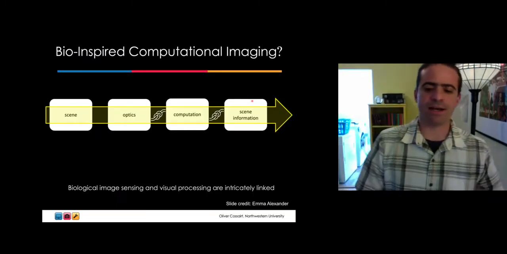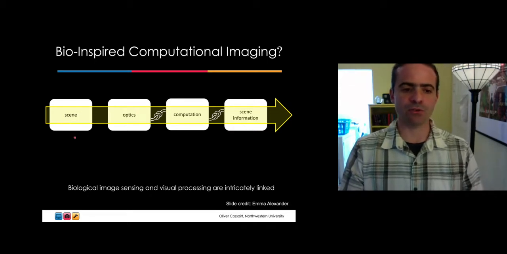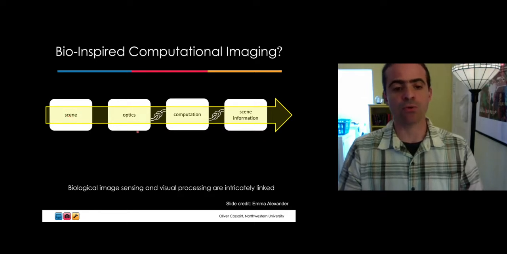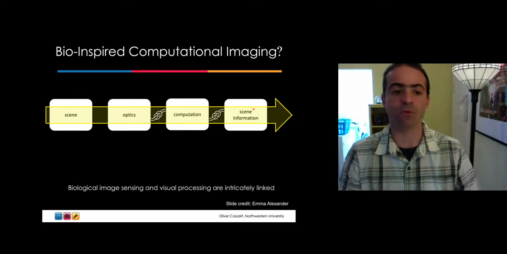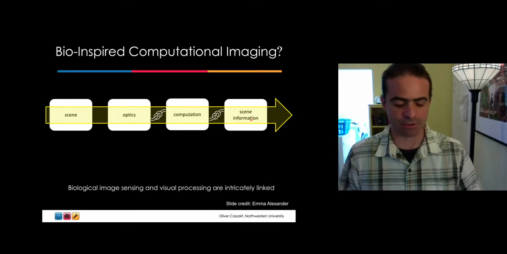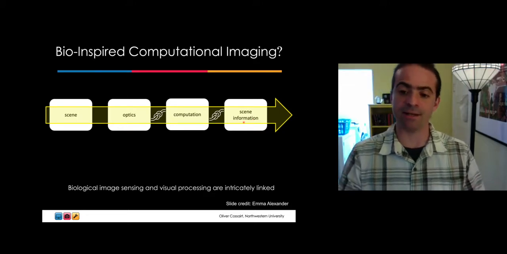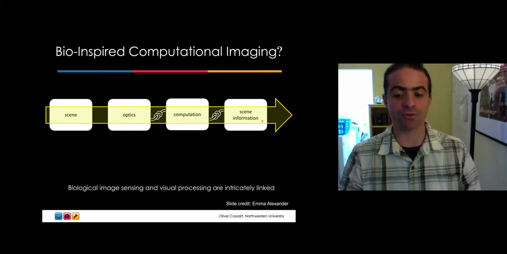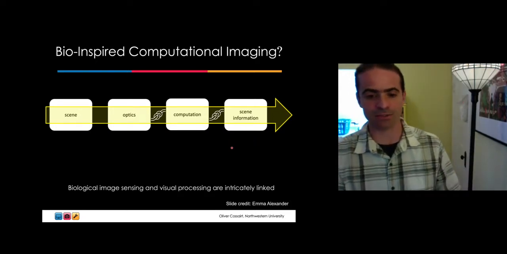So all of this is really linked to this notion that we have an imaging pipeline that takes us from our scene through our optics, through whatever computational processing that we are going to perform on the images that we capture to try to extract some form of scene information that's useful to us. The problems that I focused on before are really about just extracting spatial features, but in the very abstract sense, this might get into higher level information, such as trying to understand what's in the scene, to track objects in the scene, identify objects, and so forth.